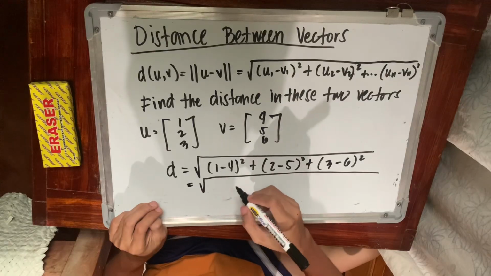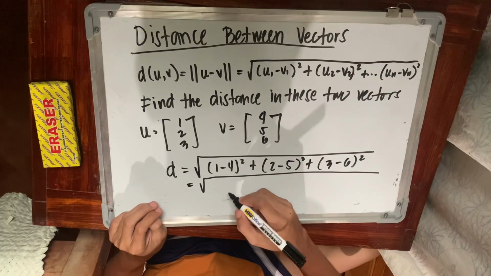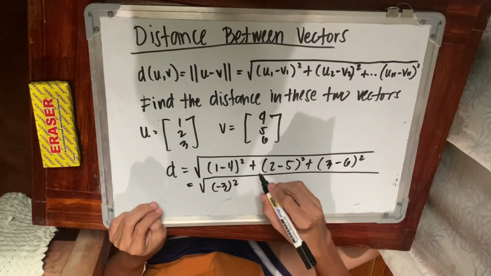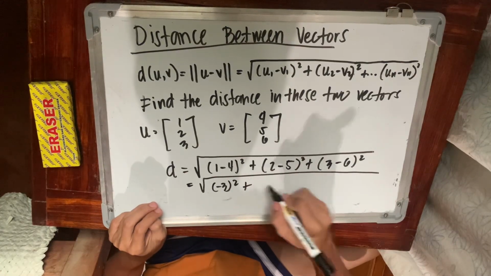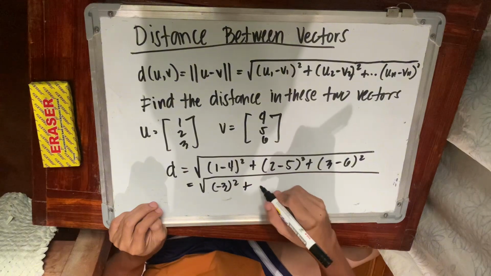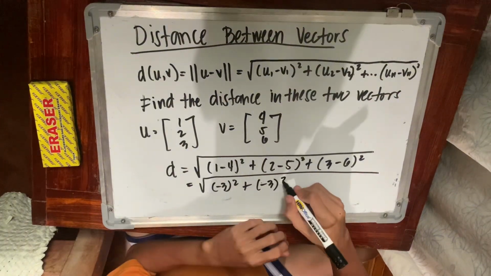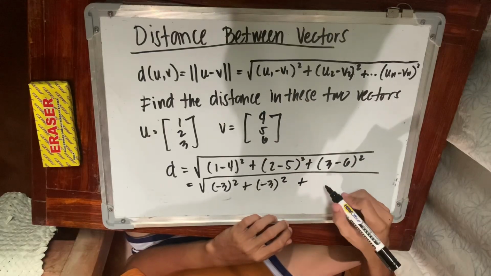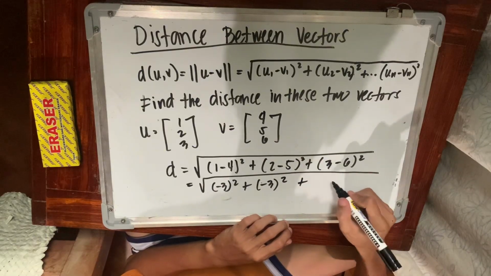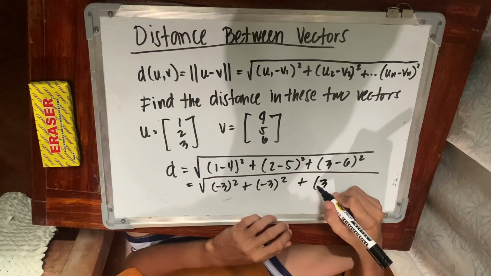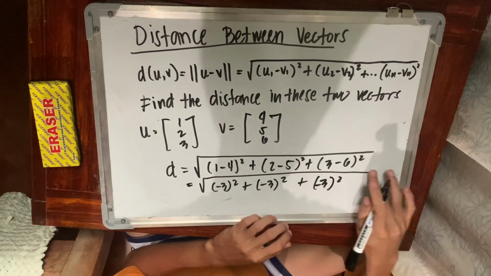So 1 minus 4 becomes negative 3 squared, plus 2 minus 5 is negative 3 squared, plus 3 minus 6 is negative 3 squared.